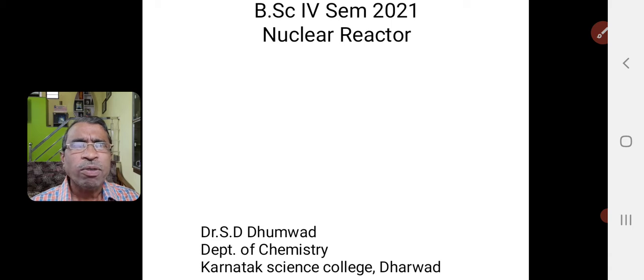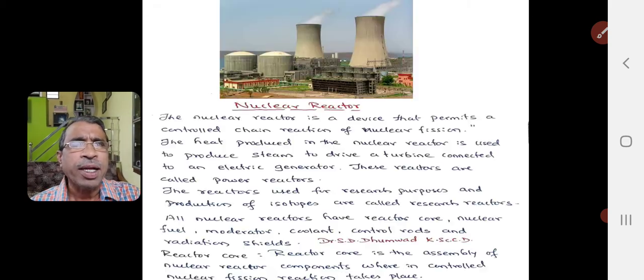So today we take up how and where this nuclear fission reaction is controlled. It is controlled in a device called the nuclear reactor. I have shown the diagram of the nuclear reactor, how it looks. The nuclear reactor is a device that permits a controlled chain reaction of nuclear fission.